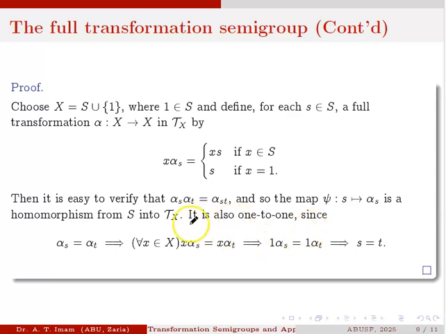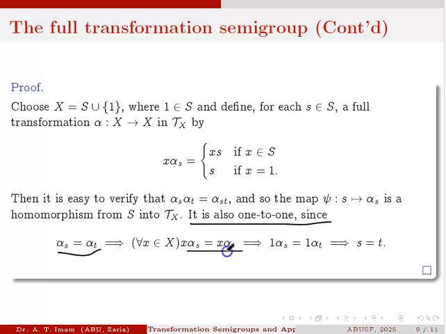And then one can also see that the map is one-to-one, because if we assume alpha_s equals alpha_t, then by the very definition of alpha_s and alpha_t, for every x, since you assume they are the same, and these are mappings of a set, it means the result of the action of the map on any point would be the same.